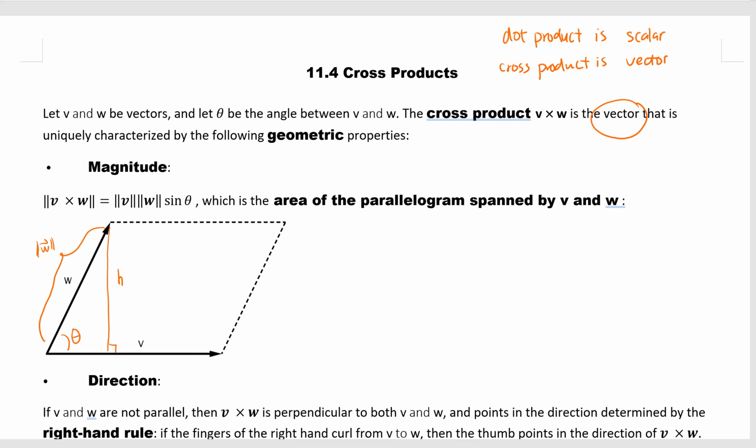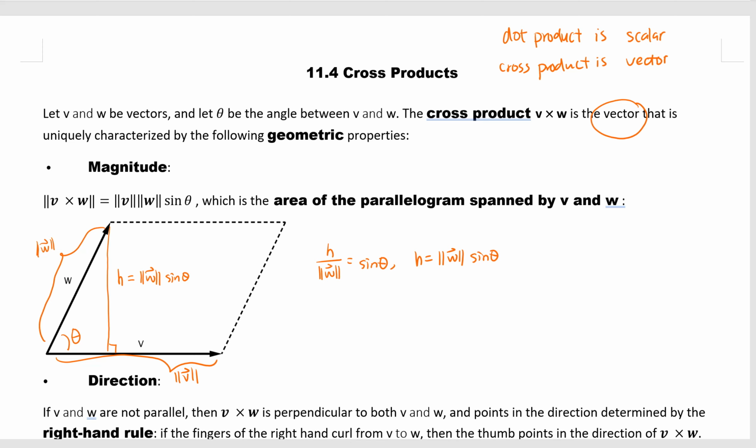So the opposite over the hypotenuse is sine theta. So that's why H equals the magnitude of W times sine theta. And then this side is the magnitude of V.